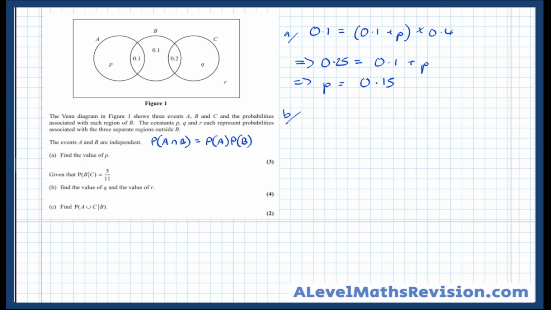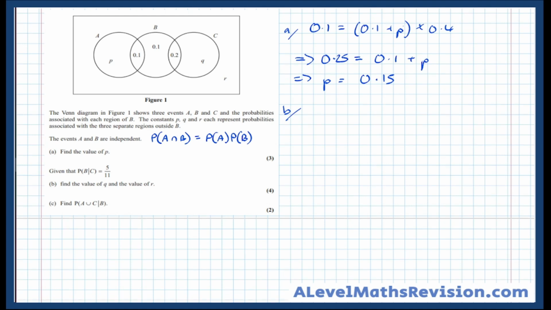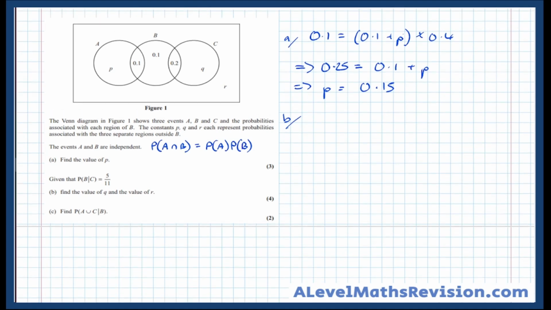So part B now, it says given that the probability of B given C is 5/11. Let's stop reading. The probability of B given C is 5/11. So we're given that C has happened. So basically, probability is no longer out of 1.